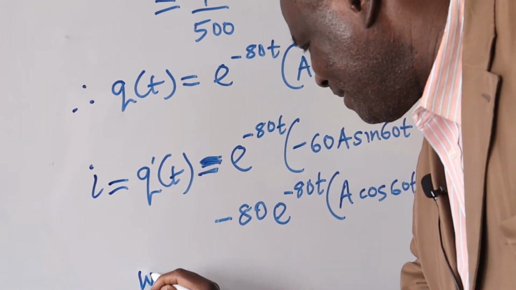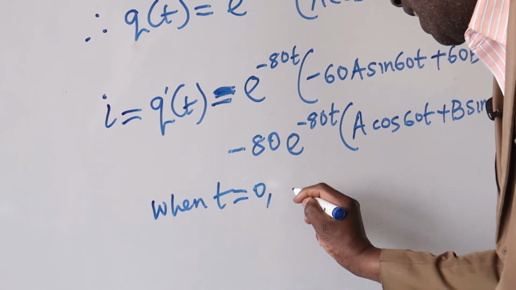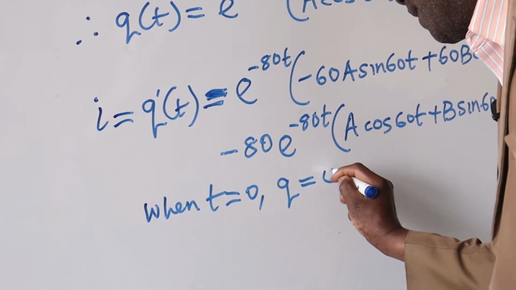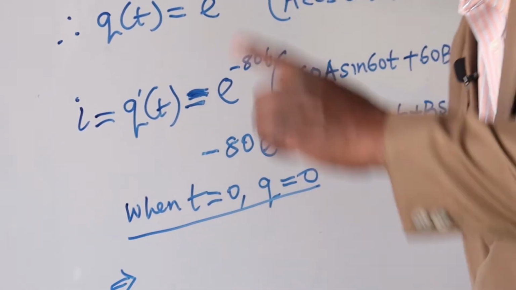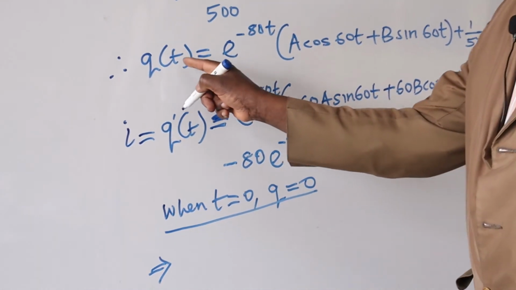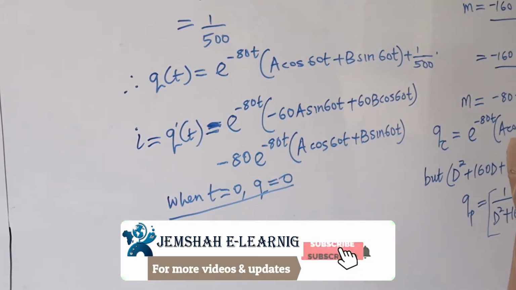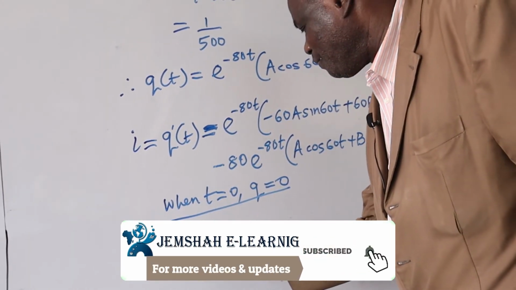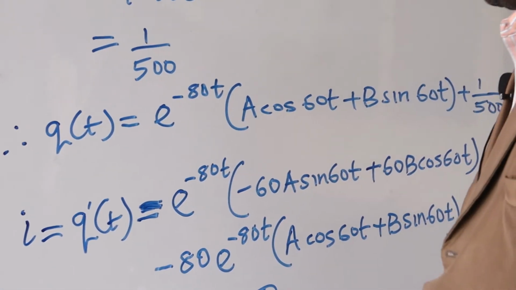So we are given when t is equal to 0, there were no charges, meaning q is equal to 0. This implies what? We are now substituting in our expression for q. We get 0 is equal to e power 0, 1.